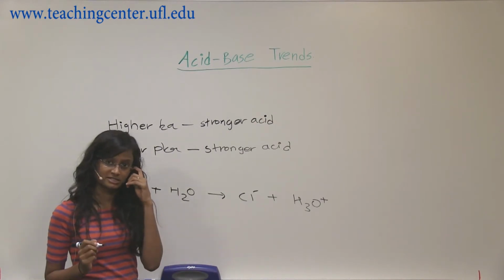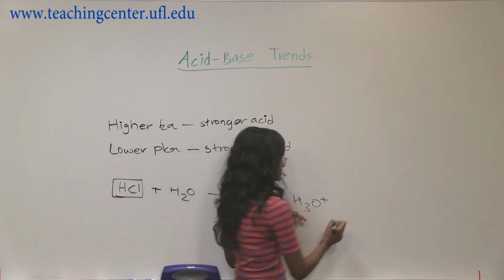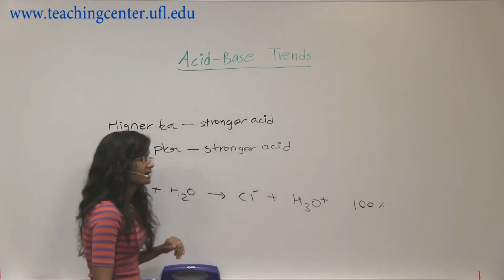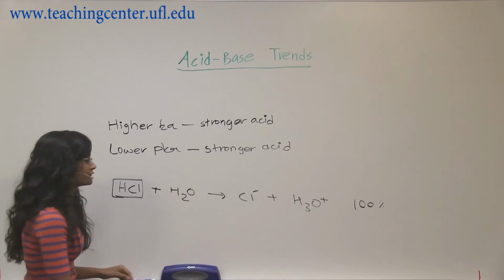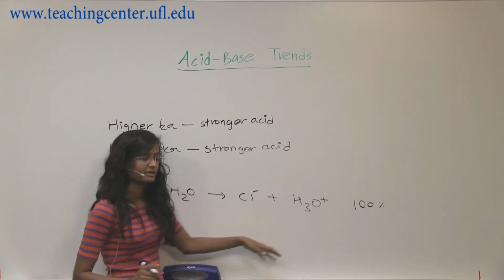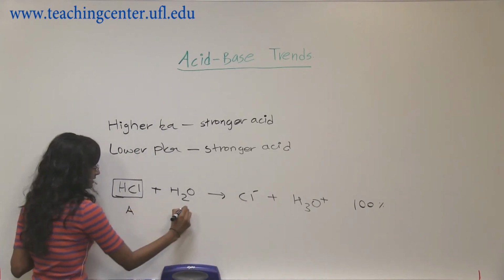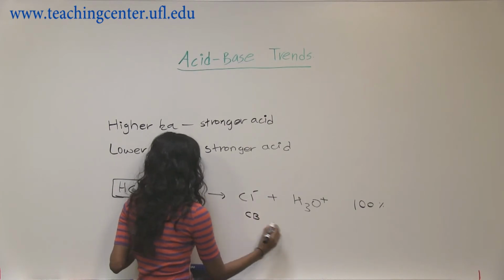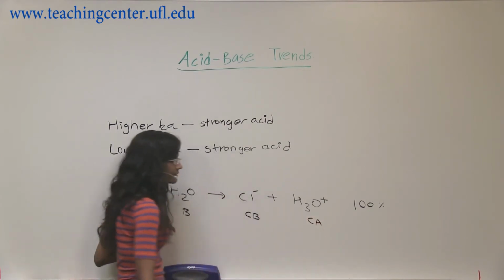It's one of the strongest acids. So this reaction happens to pretty much 100% completion. This reaction happens because you're going from stronger something to weaker something. So this is your acid, that's your base. That means this is your conjugate base, and this is your conjugate acid.